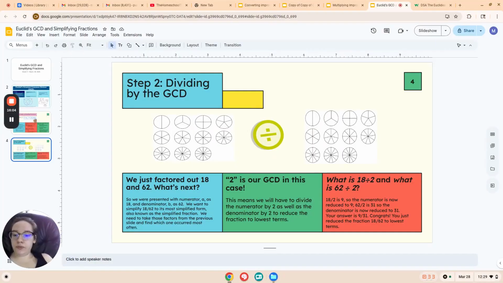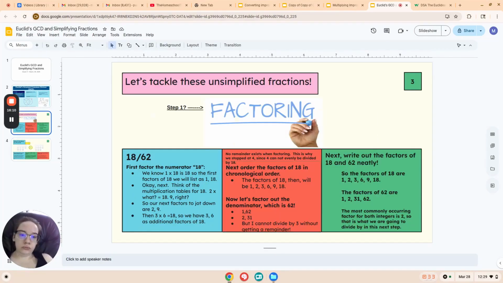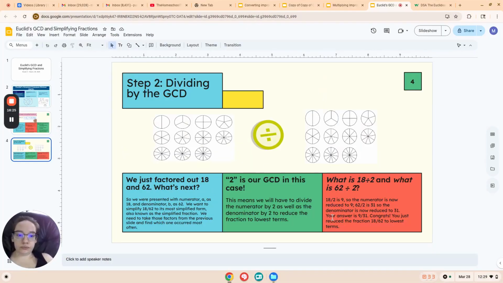We need to take those factors from the previous slide and find which one occurred most often. As you can see, I see the 2 there and I see the 2. Now 1 occurred, but it is not the greatest value, right? So that's why 2 is the greatest common factor of A and B. 2 is our GCD in this case.